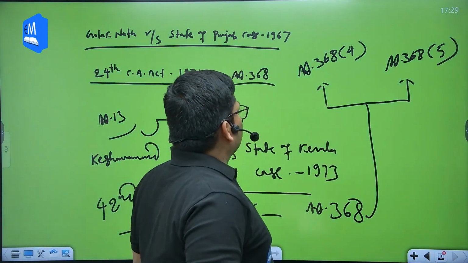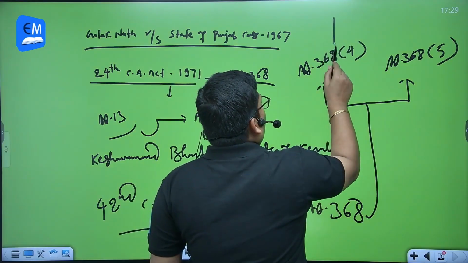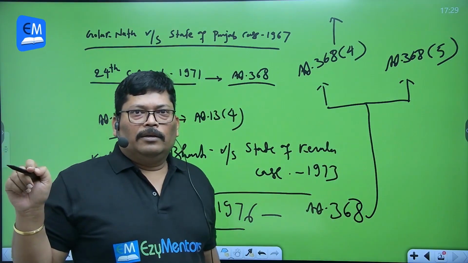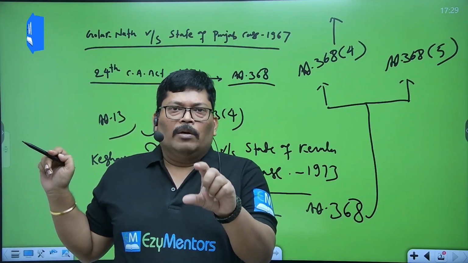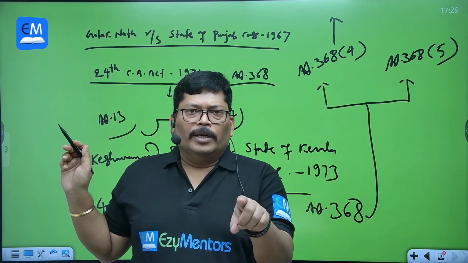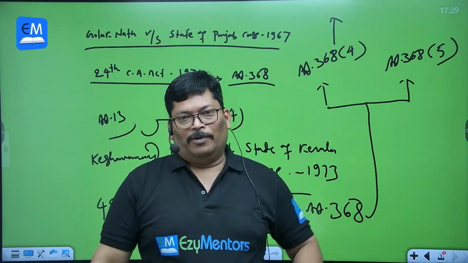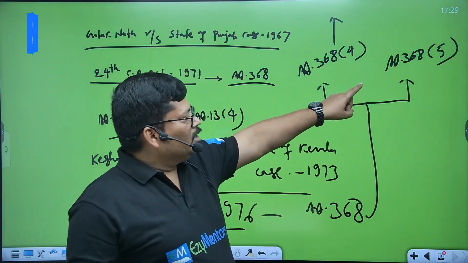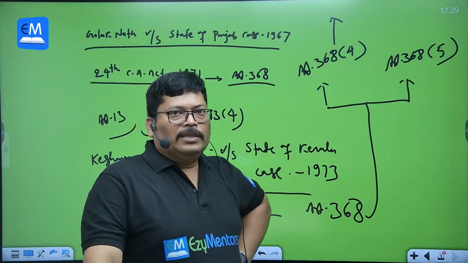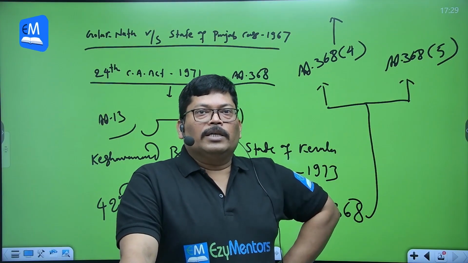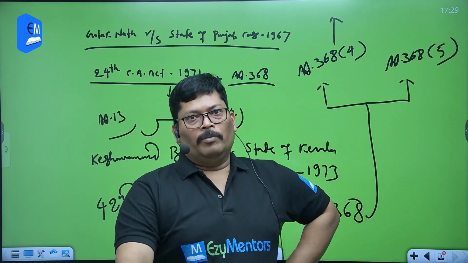Under Article 368 Clause 4, the Parliament had clearly written that whatever constitutional amendments are made by the Parliament of India cannot be challenged before any court of law. And under Article 368 Clause 5, it was written that the Parliament of India enjoys an unlimited power to amend the Constitution.